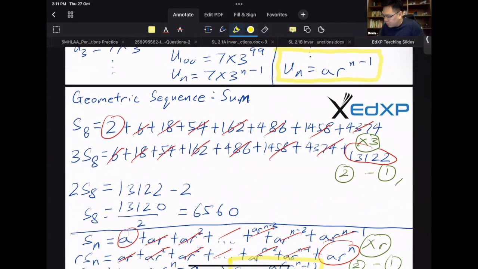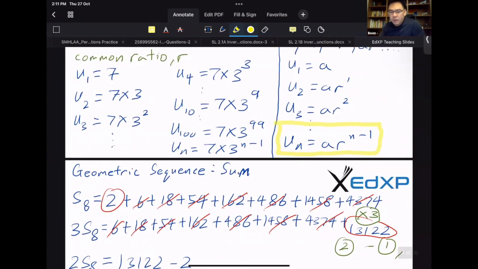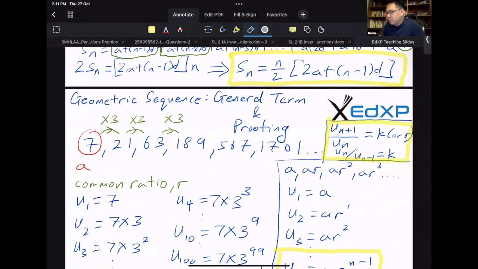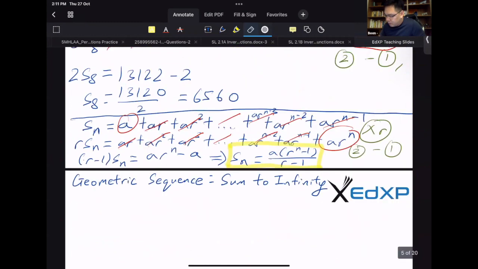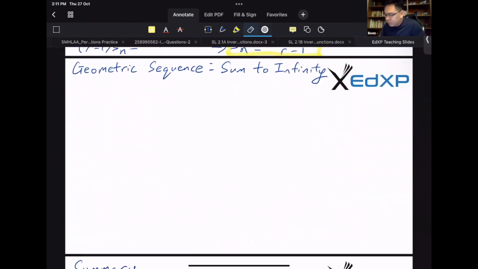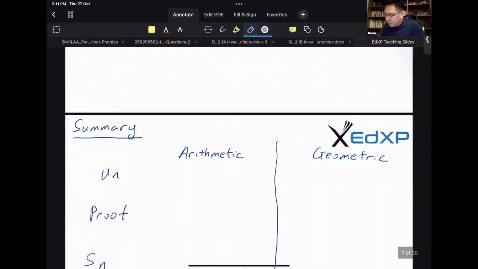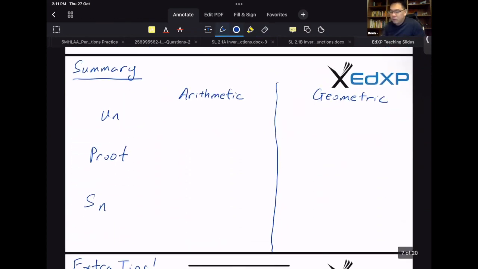Not forgetting how to prove. For each of arithmetic and geometric sequences, you need to have these three formulas. Before I come to sum to infinity, perhaps I can sum up what we have learned so far.